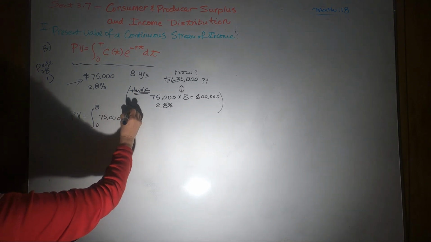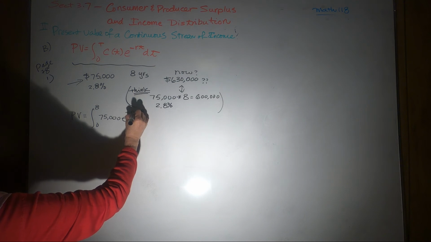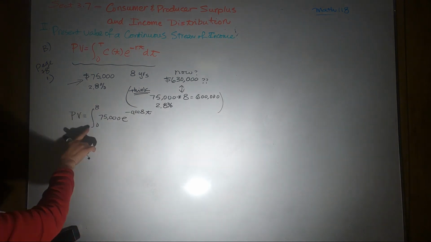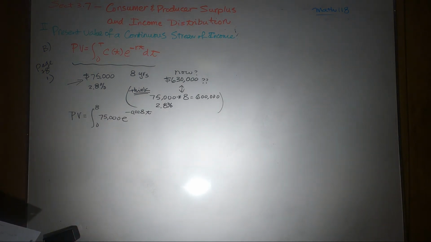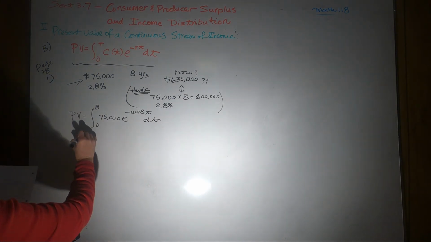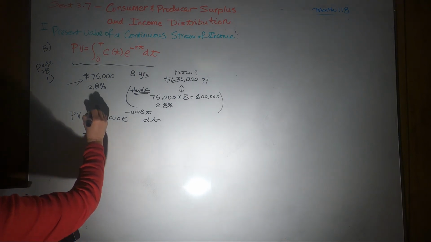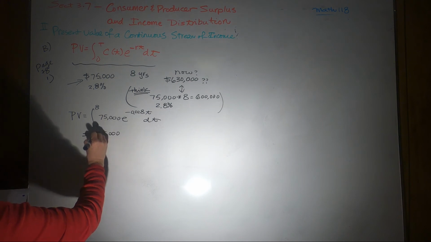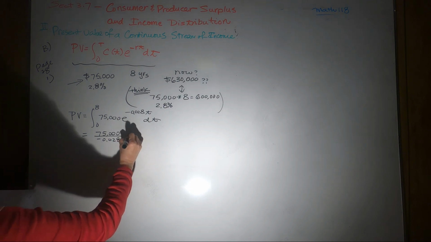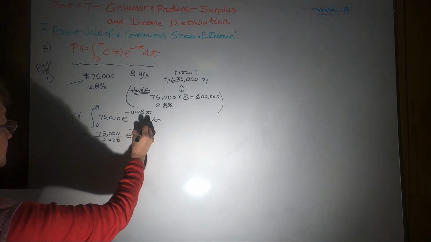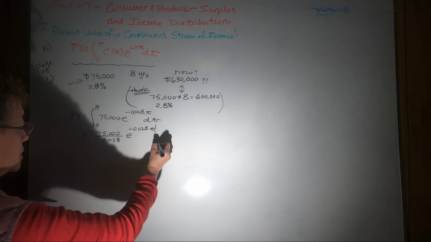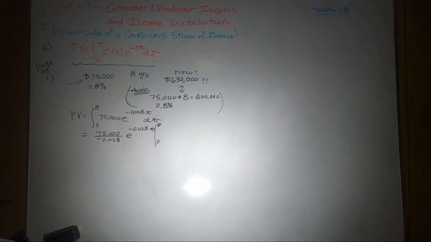Then you do e to the negative annual rate, r is this, and t is your variable because from 0 to 8, every year is different. So against the time, you do your integral, then the exponential function. You do the chain rule, then you do a definite integral from 0 to 8.